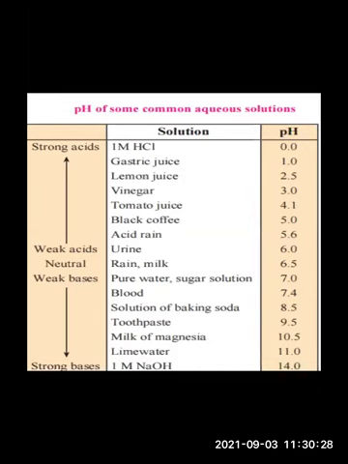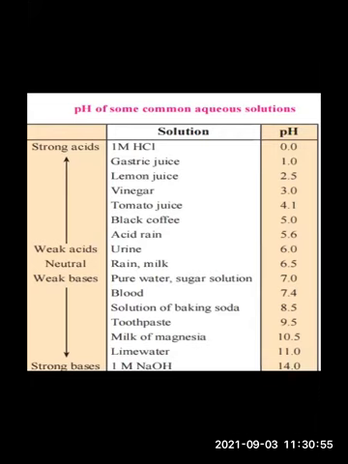Now in the table you can see all the acids have values less than 7, and all the bases have pH values more than 7. Yes or no, students? From the table it is clear. So this table gives the pH values of most of the common solutions.